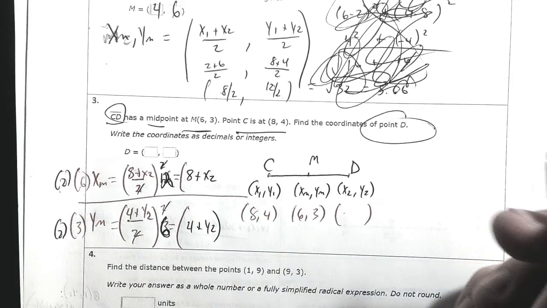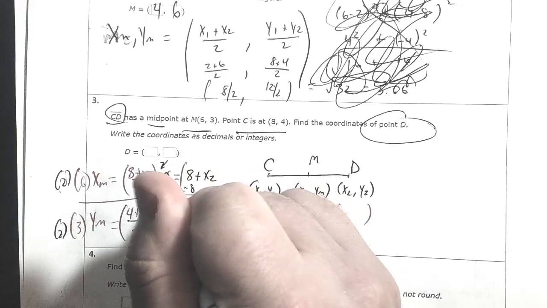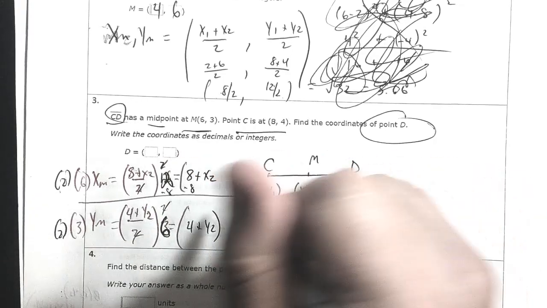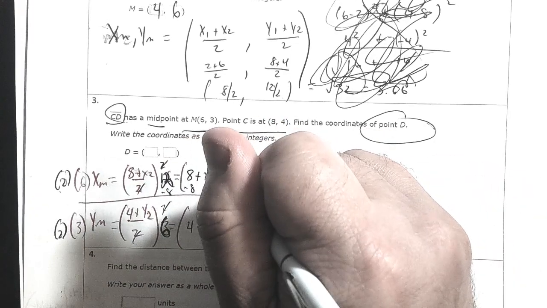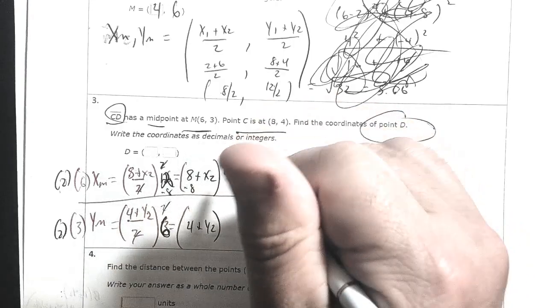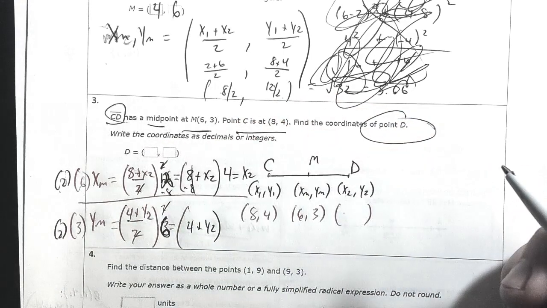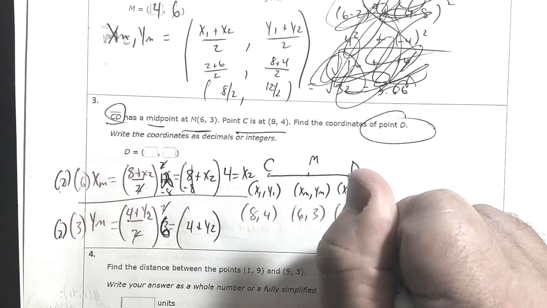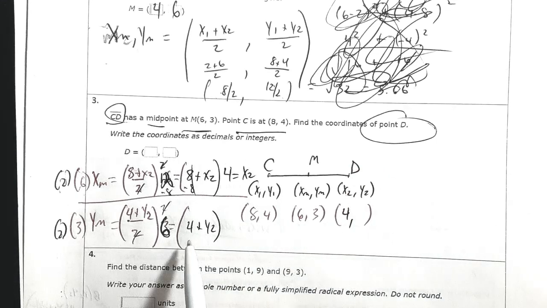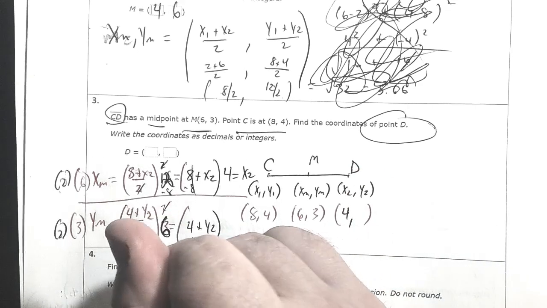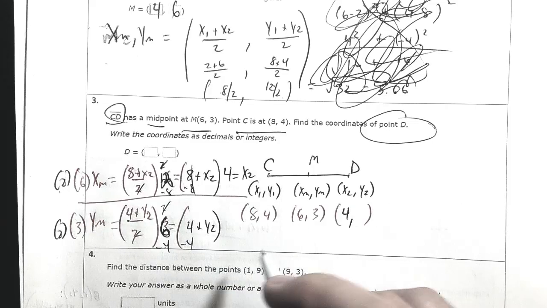So subtract the 8. Subtract the 8. So 12 minus 8 is 4. And that's what x sub 2 equals. And then over here, minus 4, minus 4. 6 minus 4 is 2.